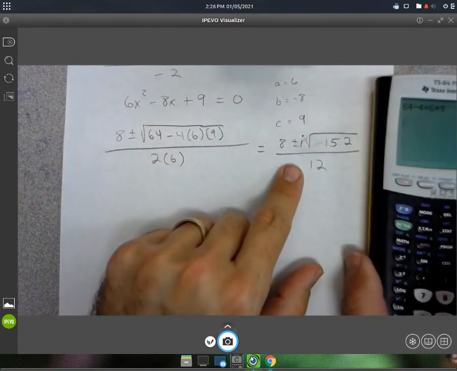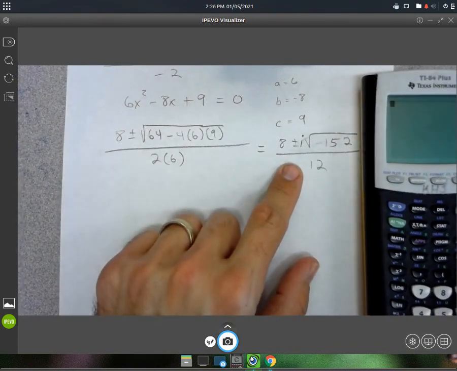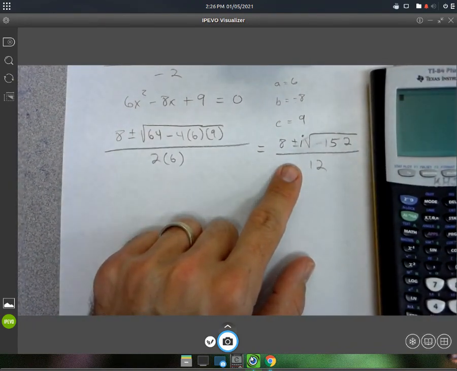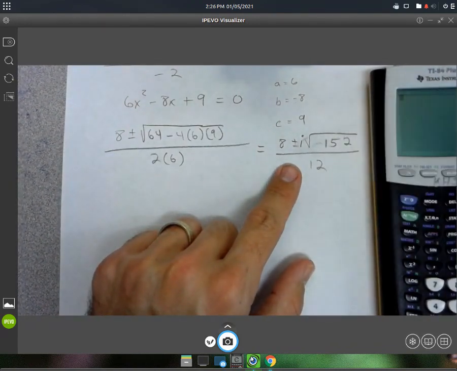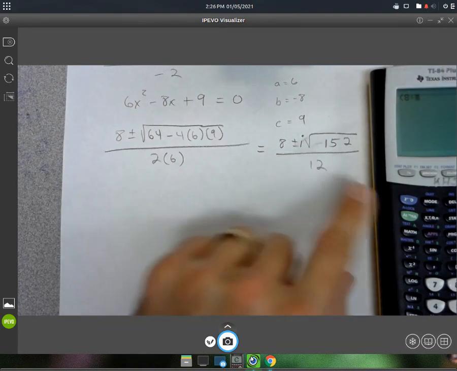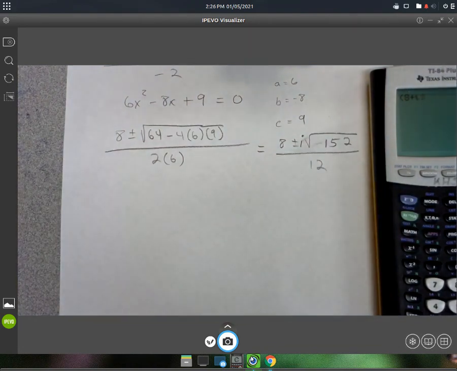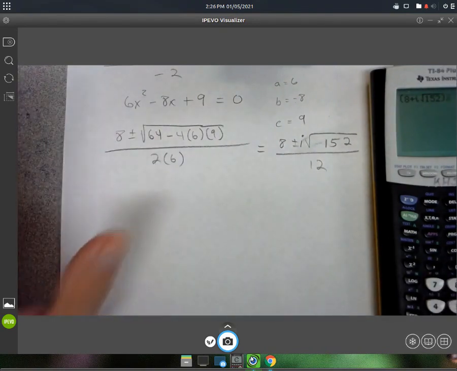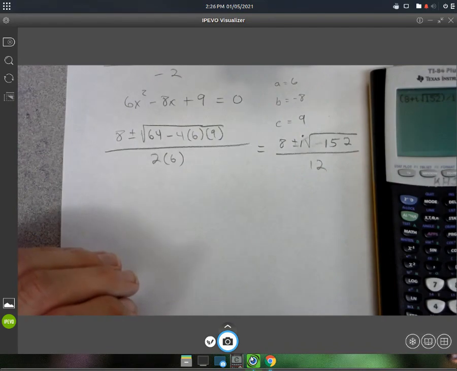I'm going to go ahead and give you the decimal answer for it. Sometimes they ask for the decimal answer instead. So we would need to do 8 plus i square root of 152. So we got all that for the top, and then divided by 12.